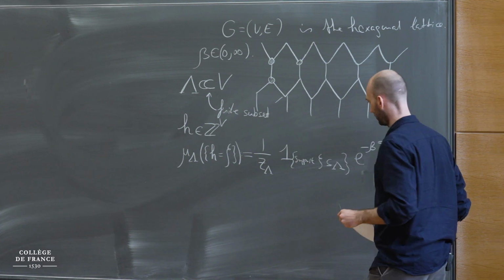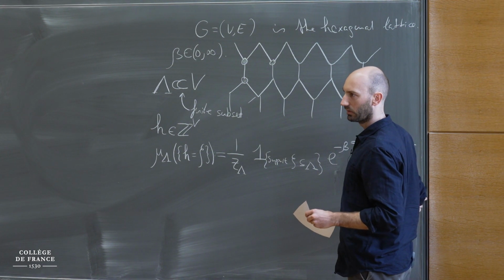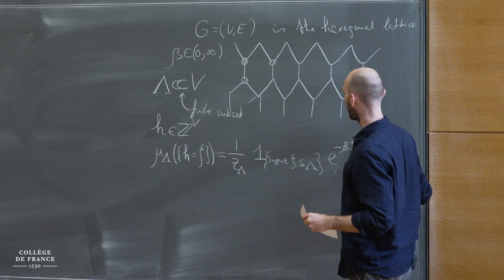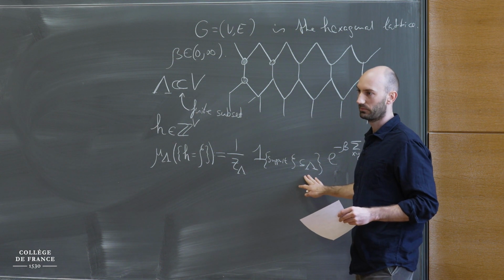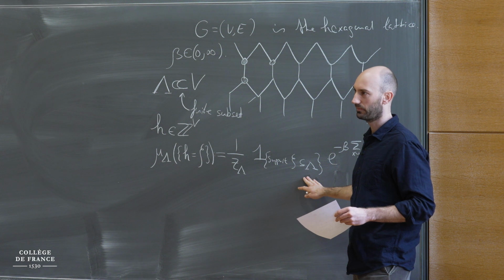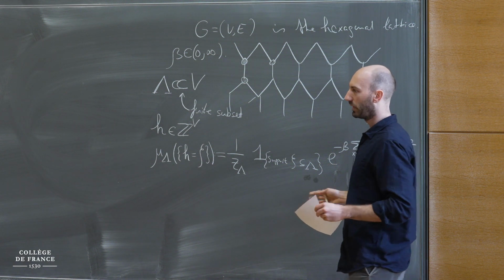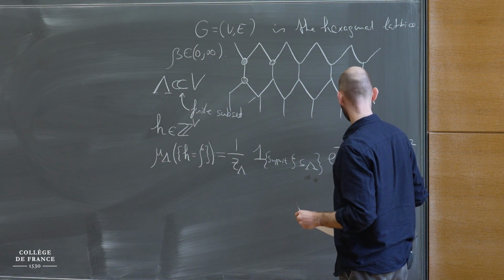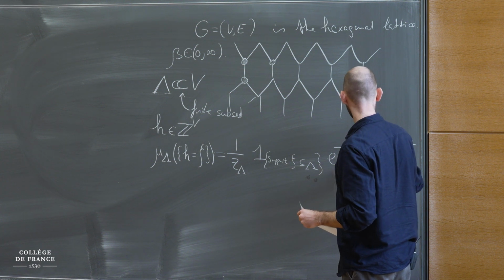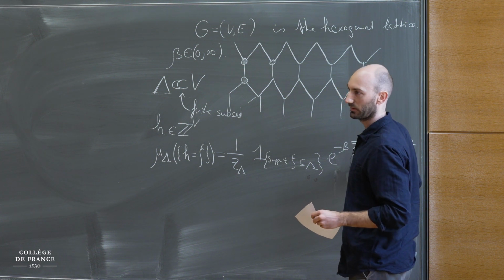So what I'm doing is the following. I look at height functions which are 0 outside of lambda, so this is like imposing 0 boundary conditions outside of lambda. And then the probability of a height function is e to the minus beta times the sum over the height differences squared.